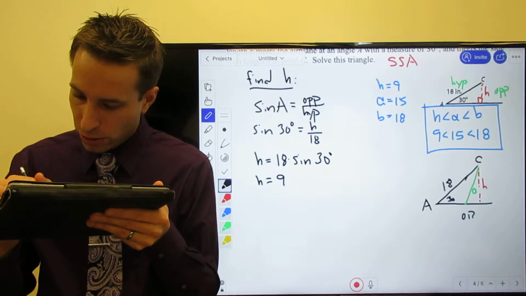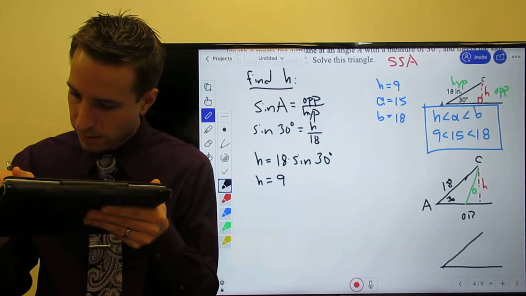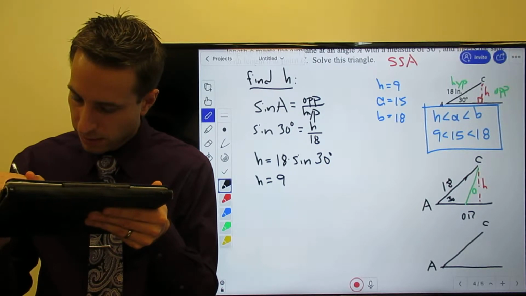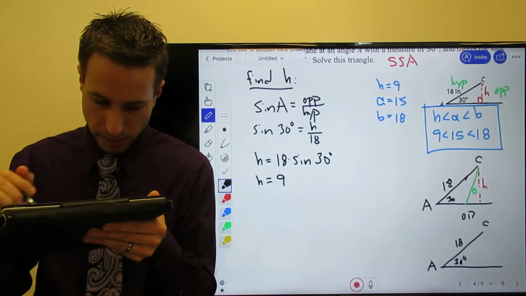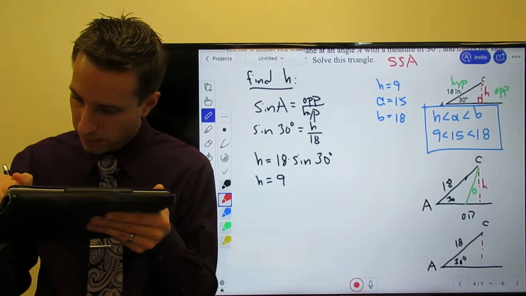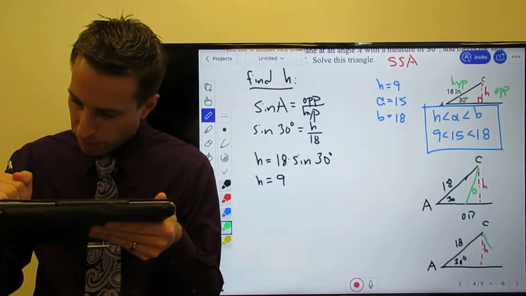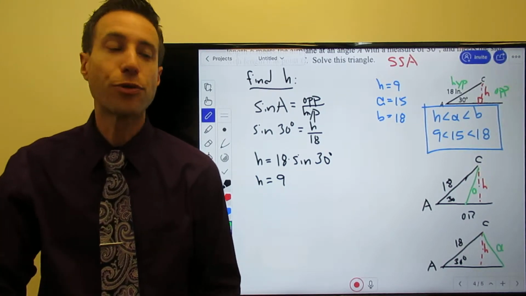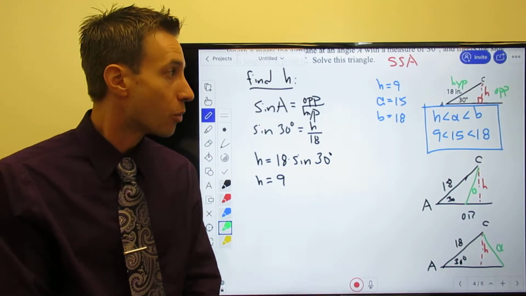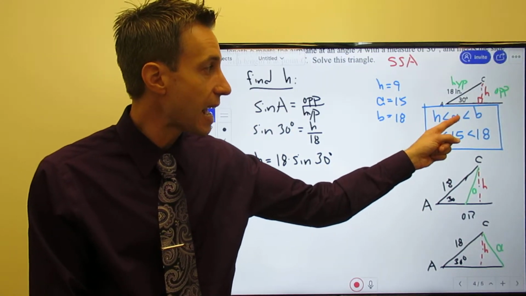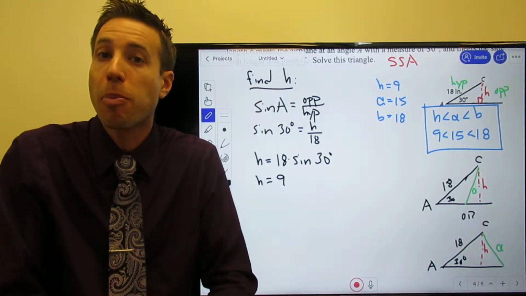Or I could have this guy. Boom. There's A, right? Those are the two possibilities based on the fact that this is the ambiguous case, because H is less than A and A is less than B, both of these triangles are possible.